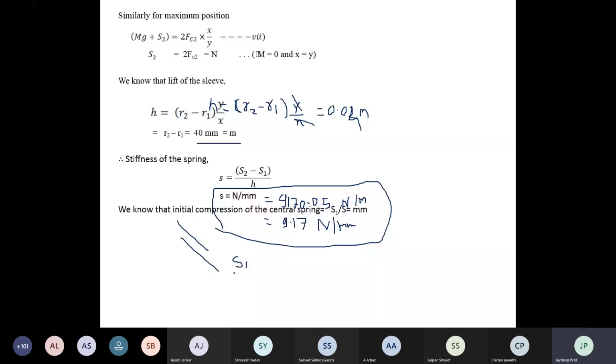If final compression, then S2 you have to put here. S1 is known here, S is known here. If you have taken the answer in Newton per meter, then you have to consider Newton per meter, और mm में लिया तो mm देना. कितना रहा initial compression?